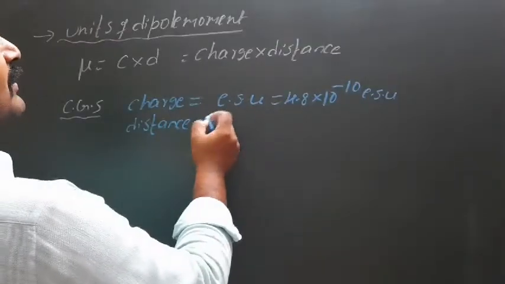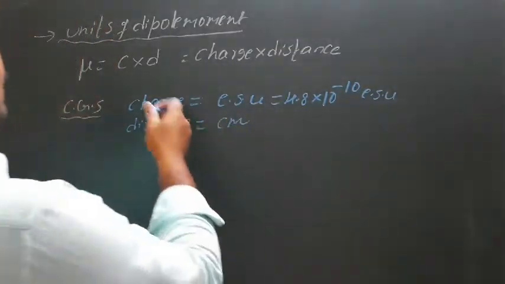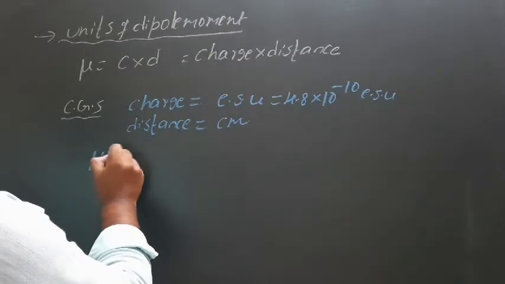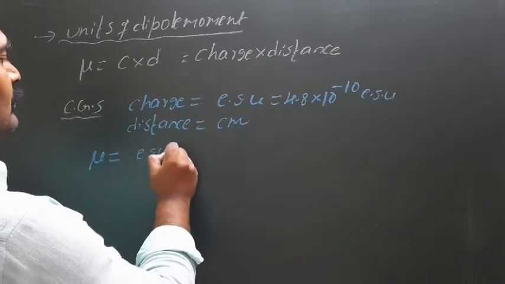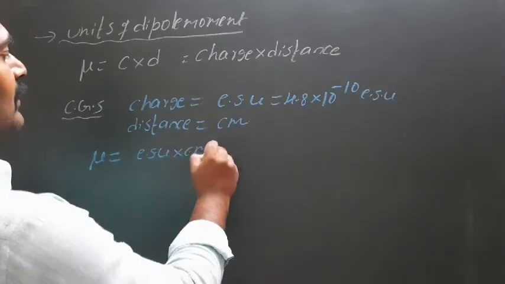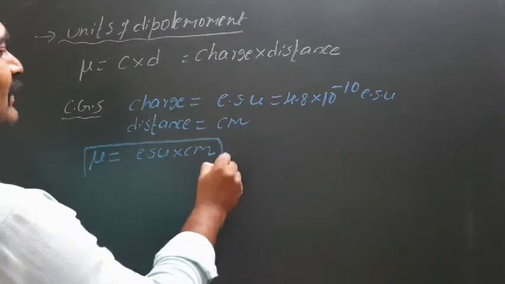Next, distance. What is the unit of distance in the CGS system? Centimeter. So in the CGS unit, the dipole moment unit is ESU into centimeter.